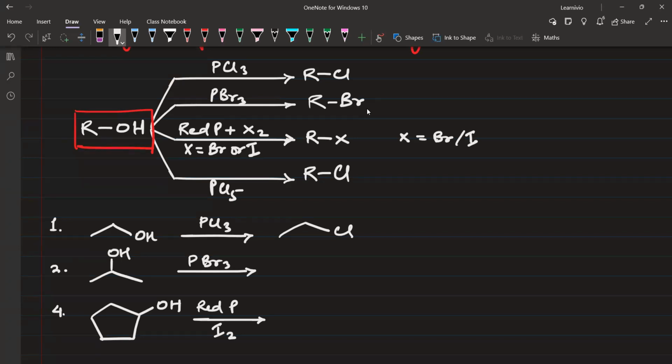In place of OH, you will have halogen. So should I do the same thing again? हाँ ऋषिता. Yes, sir. तो करना ही पड़ेगा ना. For example, in the second one, where you put Br, Br will not come there. In place of OH you have to put Br. Make sense?